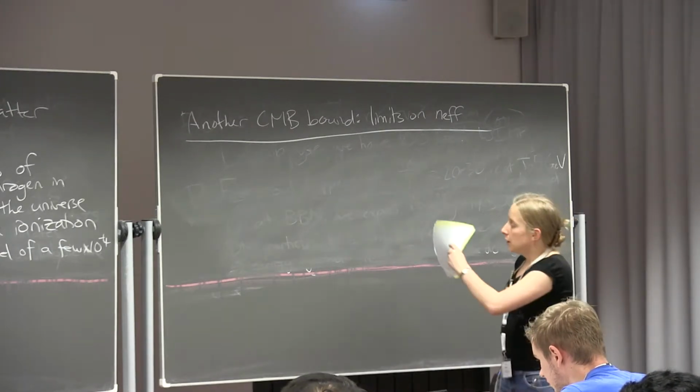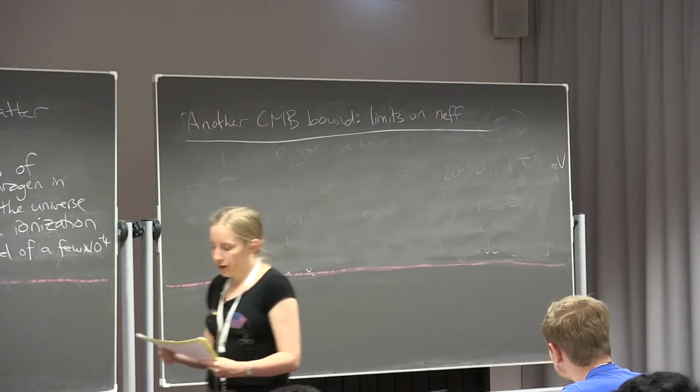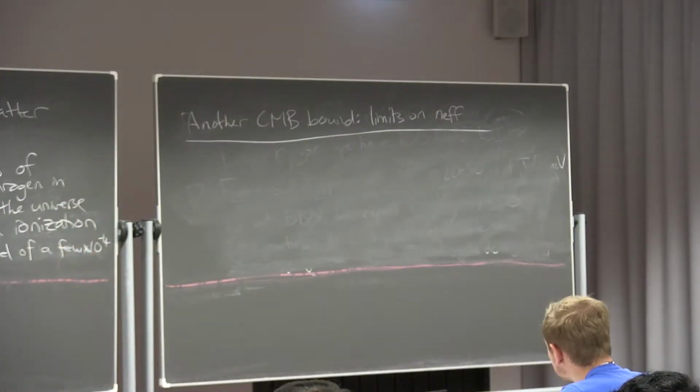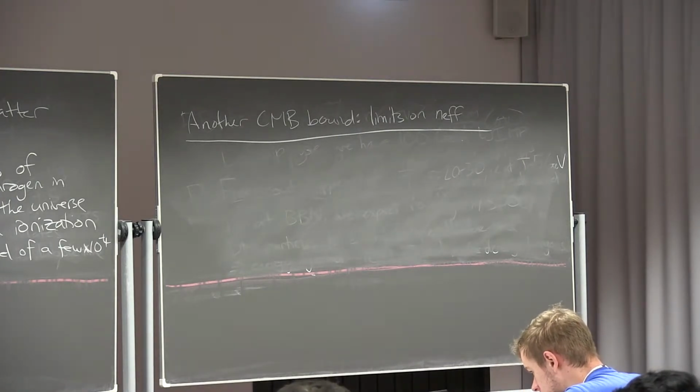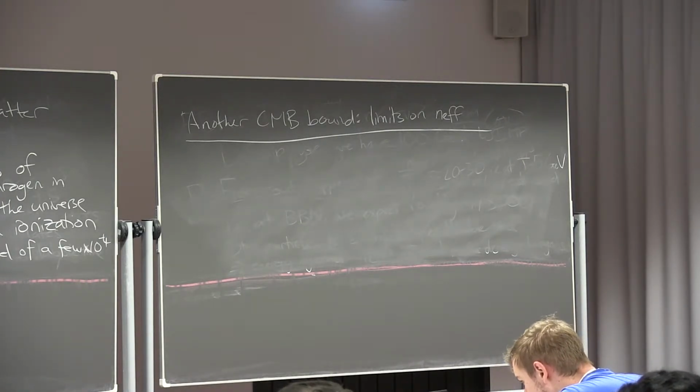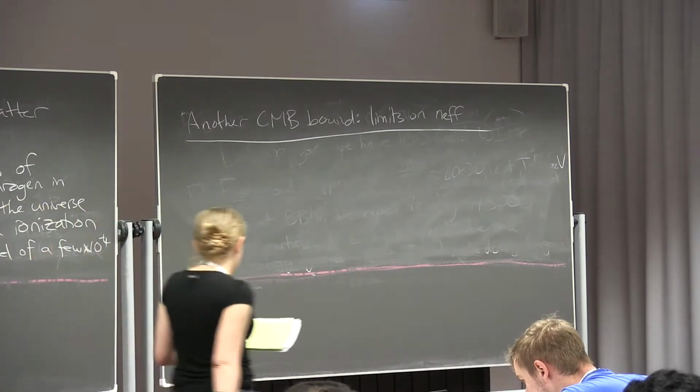But okay, so the number of effective relativistic degrees of freedom is just what it sounds like. The number of species of relativistic particles that you have around, weighted by the number of degrees of freedom that each of them carry.